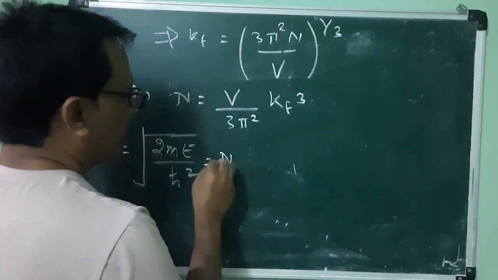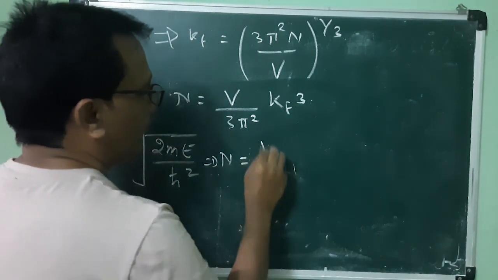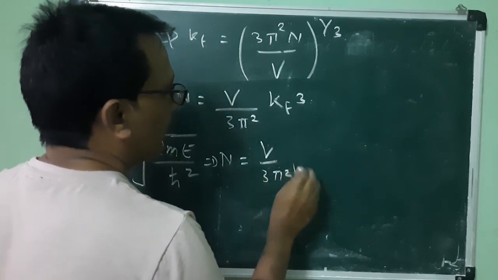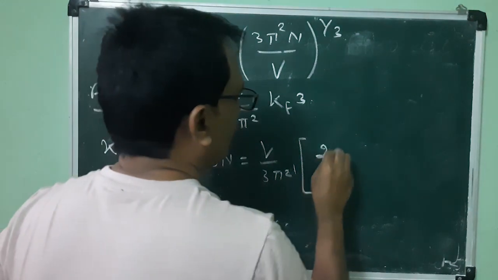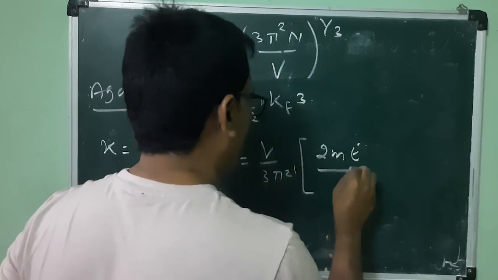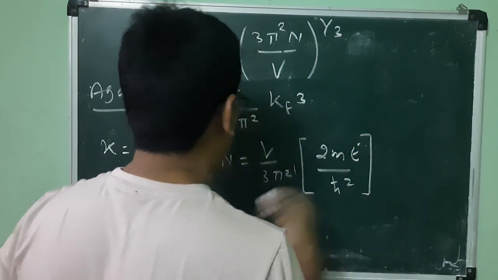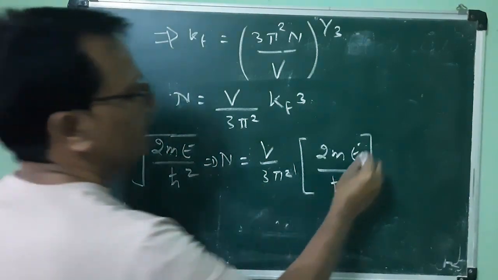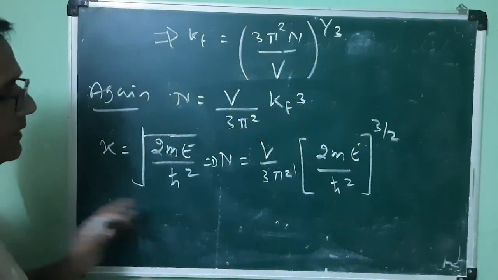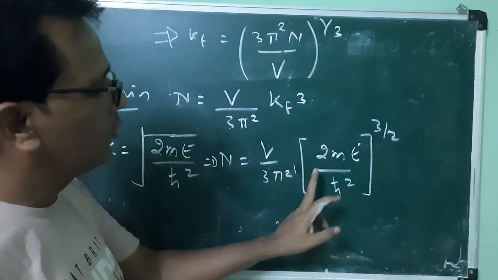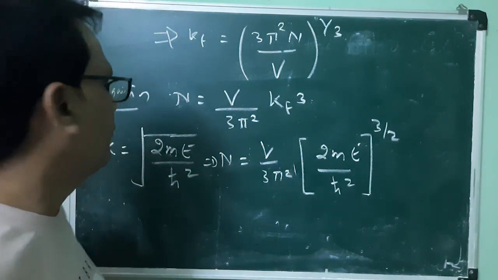So n is equivalent to V by 3π square and (2mE by ħ square) to the power 3/2.